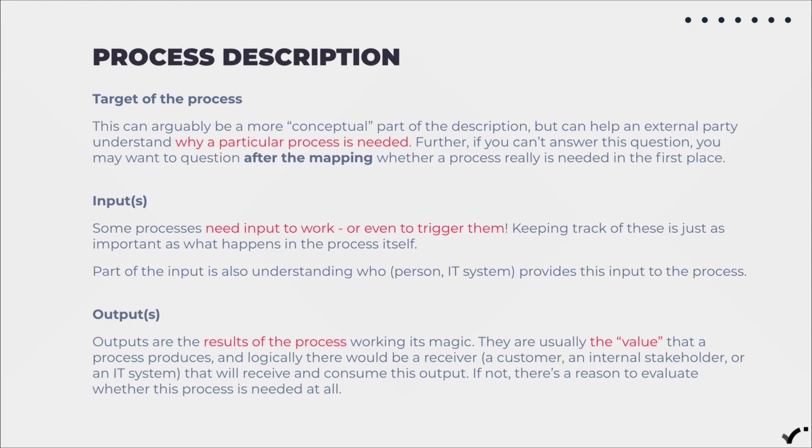But essentially, this output is the value that the process creates. And usually outputs are consumed by other processes or by customers. You may find instances where nobody is actually using this output. In these instances, most likely you will want to challenge whether the output of the process is needed or if the whole process itself is needed.